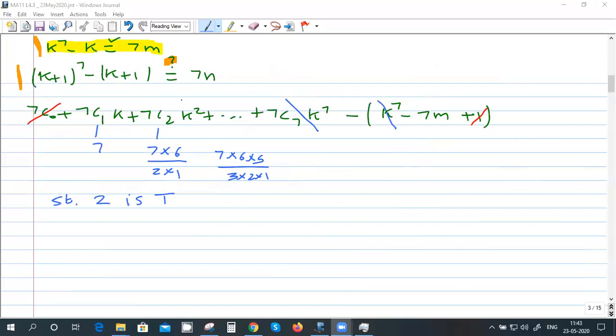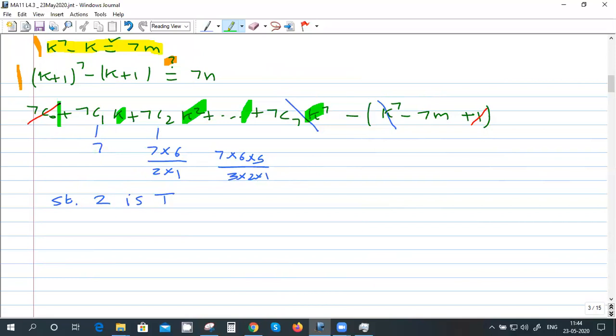So that's what we are doing here. K plus 1 raised to the power 7. This will give me terms of k raised to the power 7, k raised to the power 6, like that, k square, k, and then the constant term, k raised to the power 0.